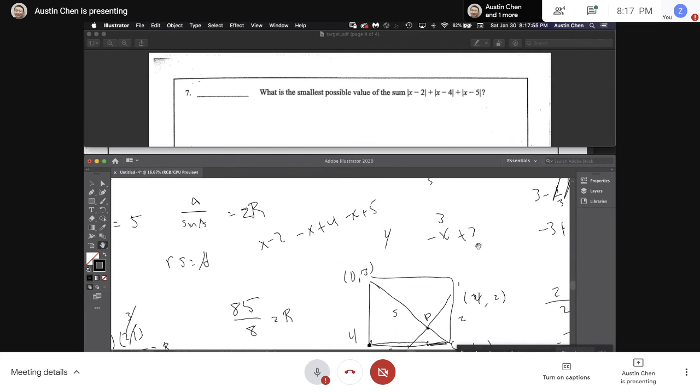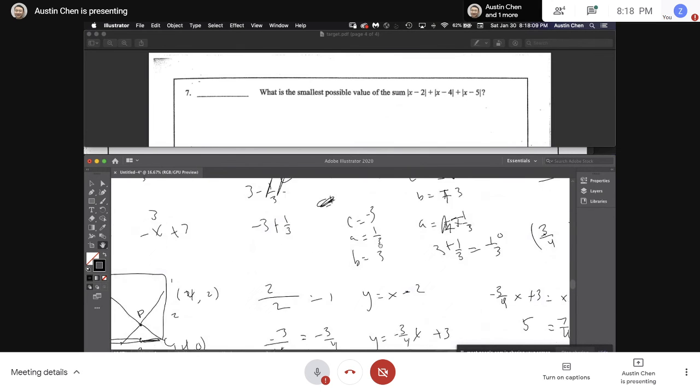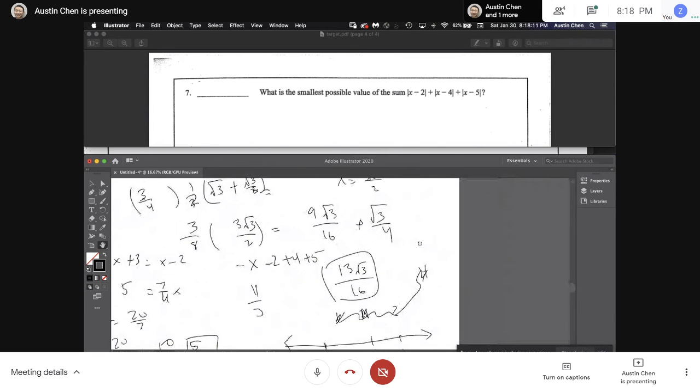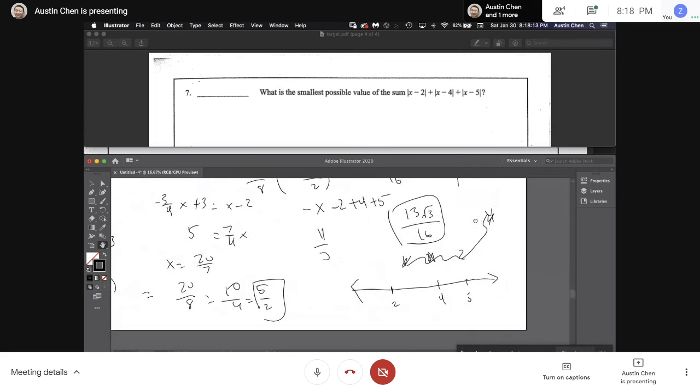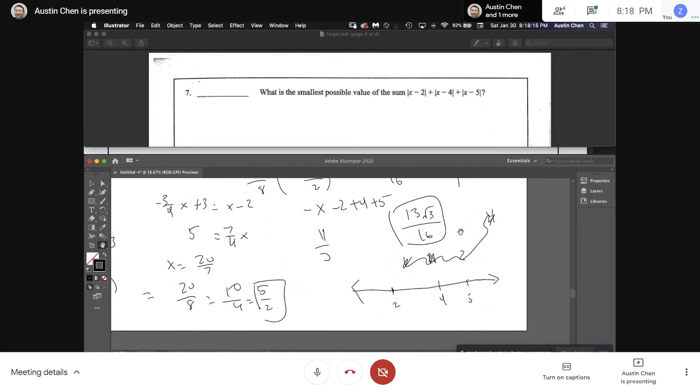That's not right. Why is this not right? Would it not be the average?